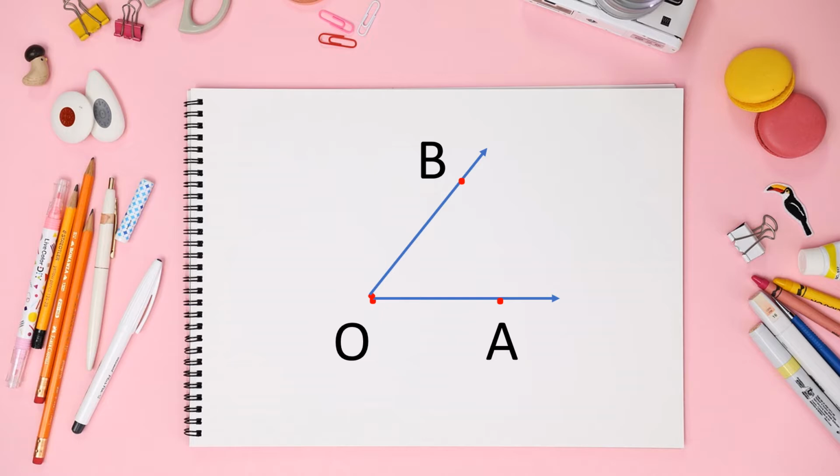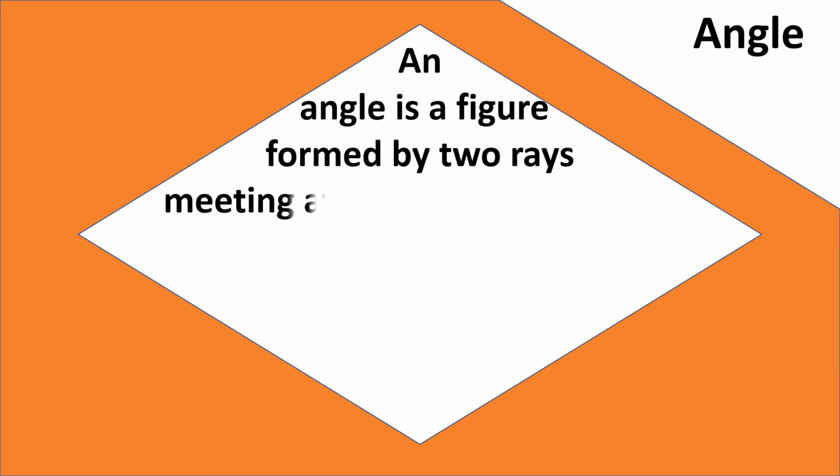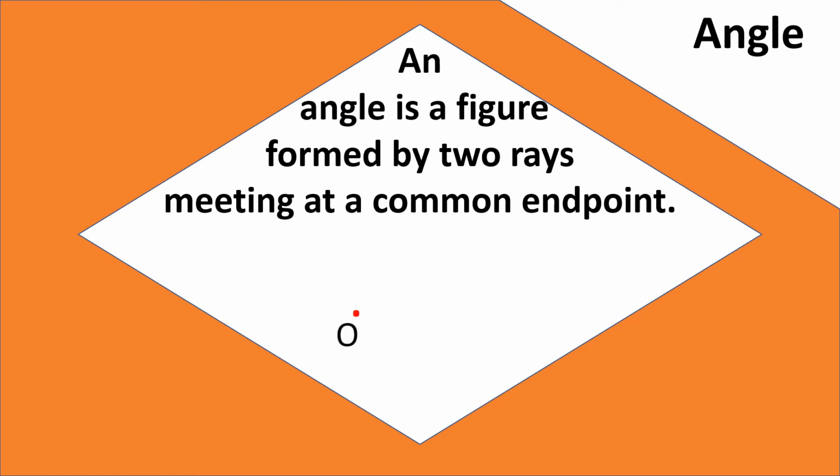The angle is this. Therefore, we can say that an angle is a figure formed by two rays meeting at a common endpoint. Like this. It is a common point and there are two rays OA and OB, and here is an angle.